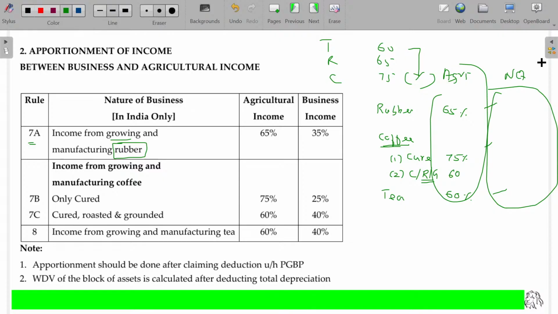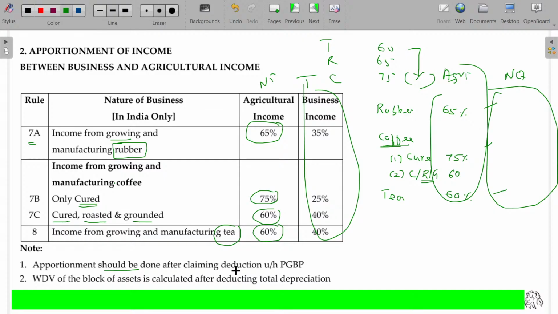The collection of that latex in liquid form is agricultural; thereafter, converting it into solid rubber form is the manufacturing activity. So in this case, 65% is agricultural. In case of tea, 60% agricultural. In case of coffee, only in case of curing, 75% agricultural. Cured, roasted, ground, then 60% agricultural, and the balance is business income. Business income is taxable, agricultural income is not taxable. Is that clear? Not taxable means exempted.